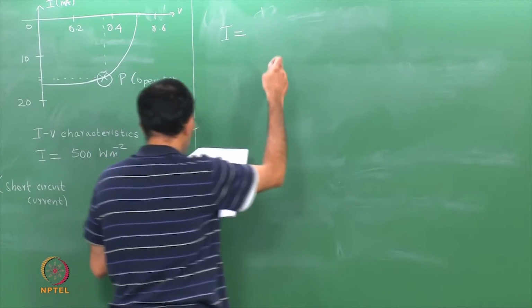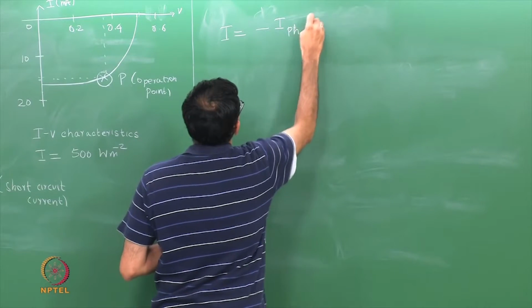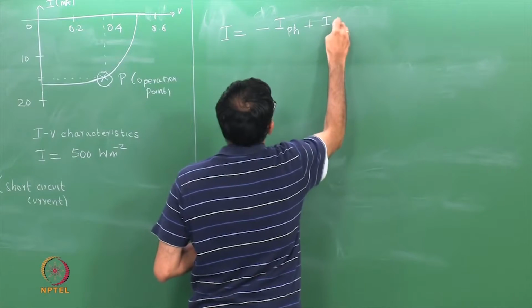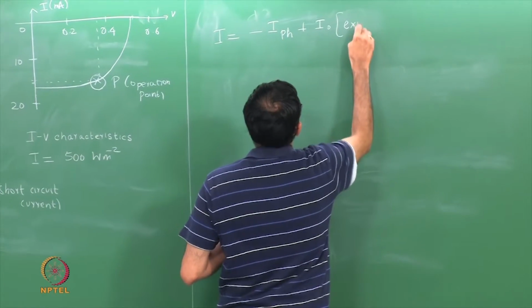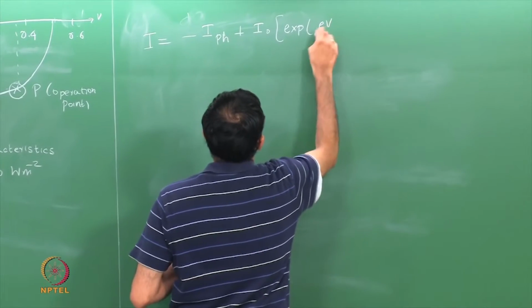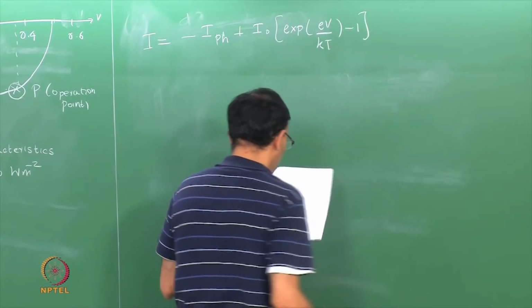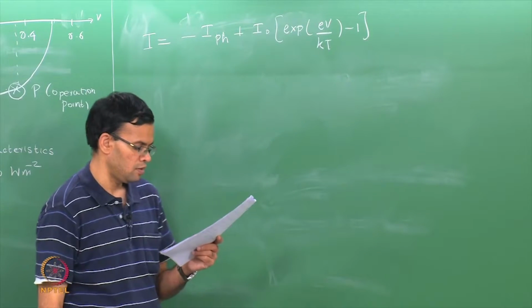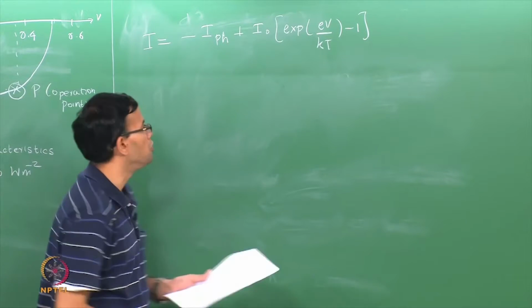So, I is equal to minus IPH plus I naught exponential EV over KT minus 1. So, I naught we do not know, but IPH we know.